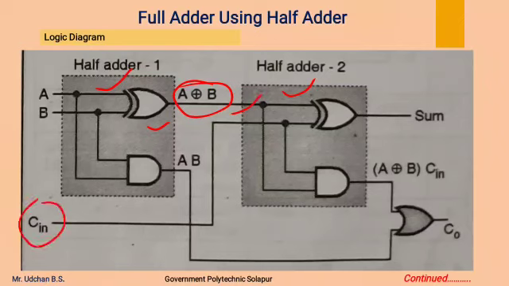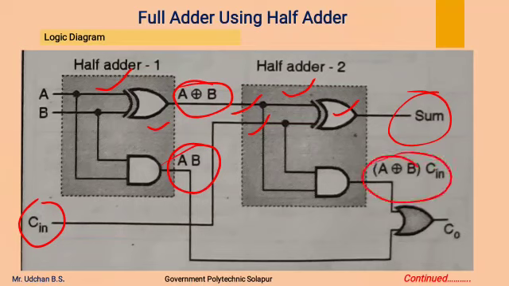After that, a C input is connected as the second input to the second half adder, which produces a sum output. After that, the carry output of the first half adder and the carry output of the second half adder are added together to get the final carry output of the full adder.